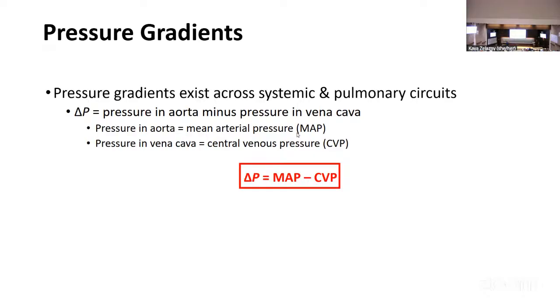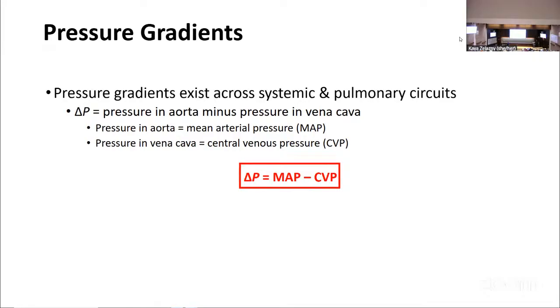Okay. So if we're calculating across our systemic circuit, we have some measurements we could take in the body to figure out how big is that pressure difference, right? So that first equation that we looked at that we're definitely going to memorize was flow is equal to our pressure difference, that delta P, over our resistance.